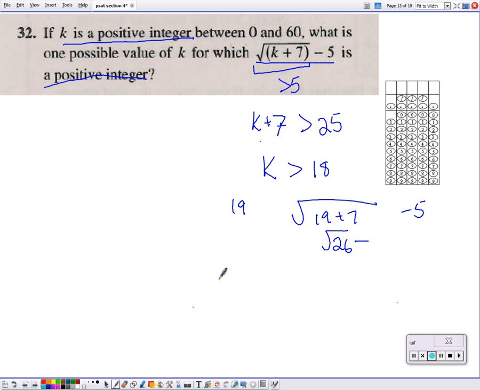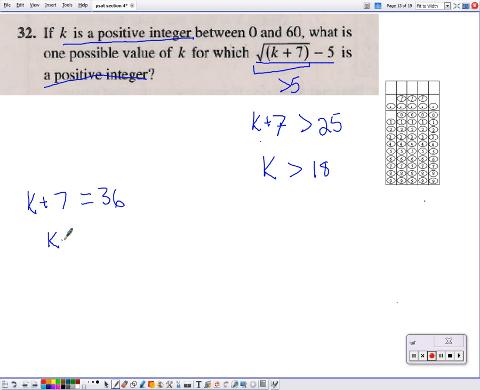So after 25, the next perfect square is going to be 36. So if I need k plus 7 can be 36, which means that k can be 29. And then, because it needs to be a positive integer, we can do k plus 7.